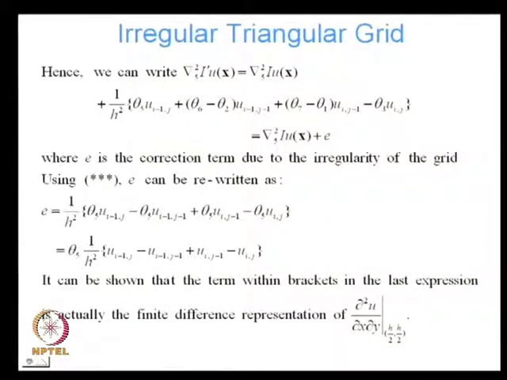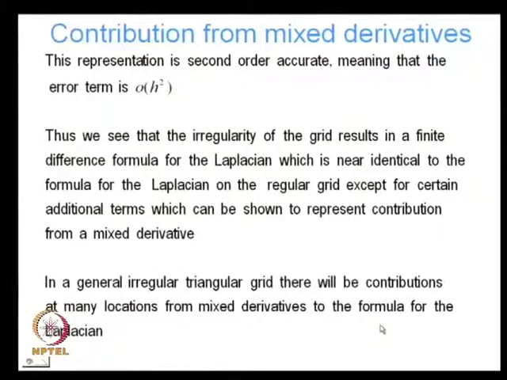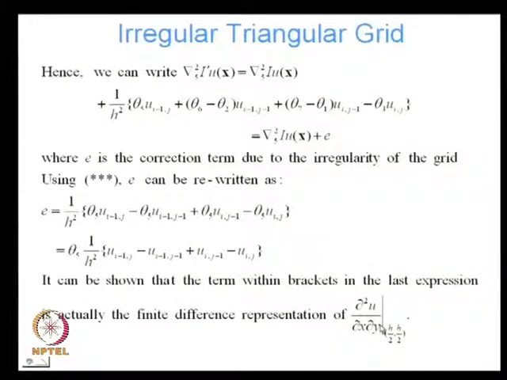So, we are evaluating the Laplacian, but since the grid is irregular, we have this additional term, which is a finite difference approximation of the mixed derivative. This representation of the mixed derivative is second order accurate. So, the error due to the irregular grid is also second order.